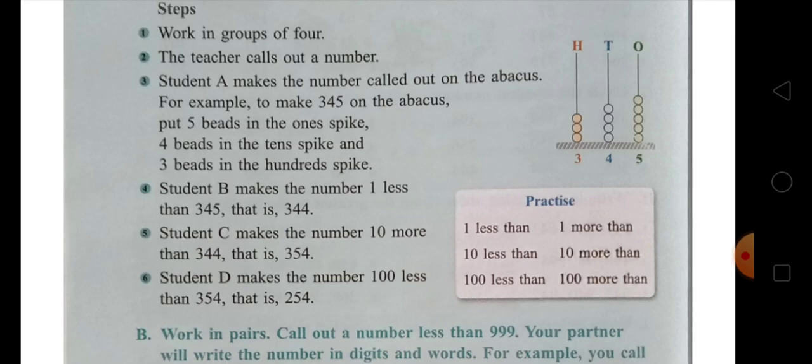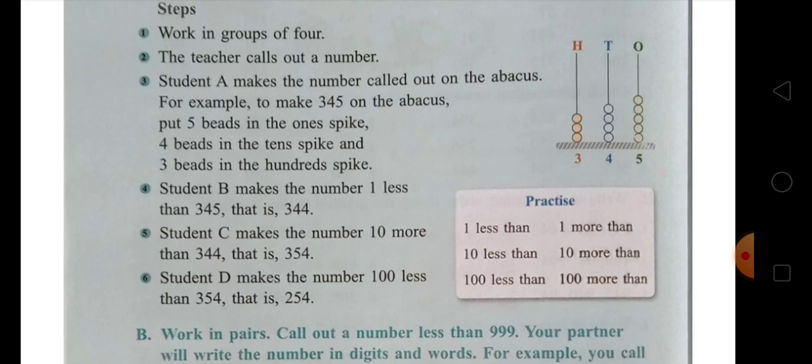Firstly, the teacher calls out a number, and after that the first student makes the number called out on the abacus. For example, to make 345, put 5 beads in the ones spike, 4 beads in the tens spike, and 3 beads in the hundreds spike. After that the second student makes the number 1 less than 345, that is 344.